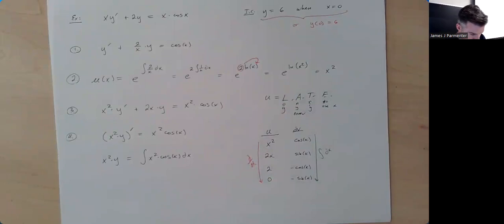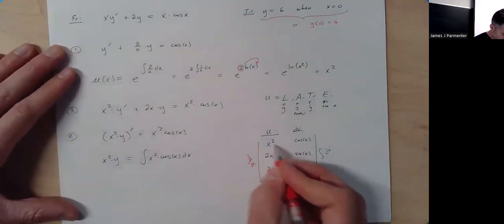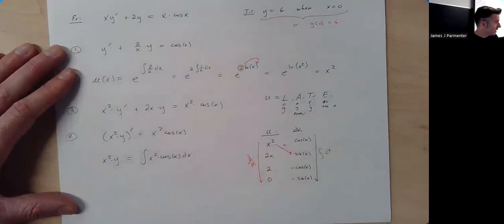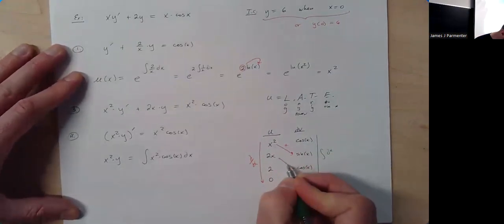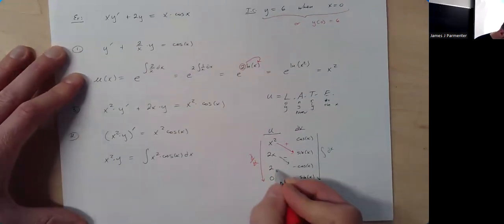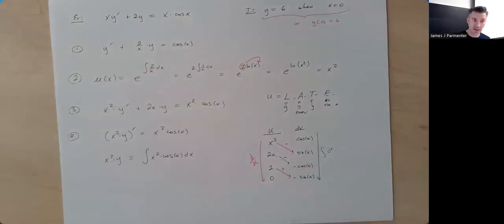Cool. This pattern always holds: you start at the upper left, go down to the right, multiply those together, and add. So it's plus x squared times sine of x, minus 2x times negative cosine of x, plus 2 times negative sine of x. It always works that way.